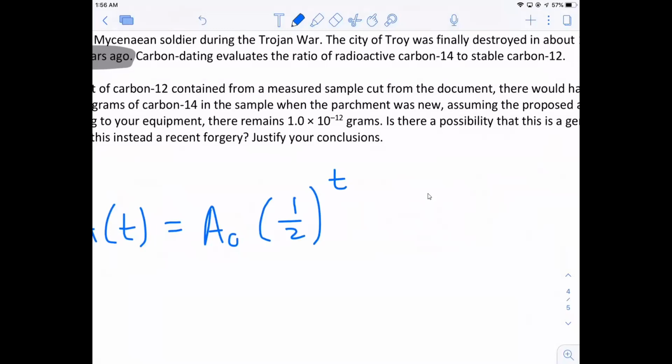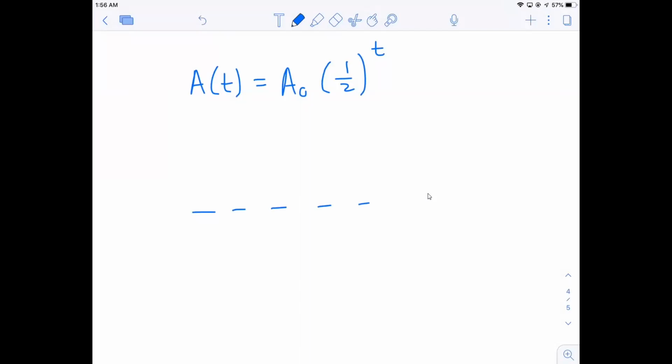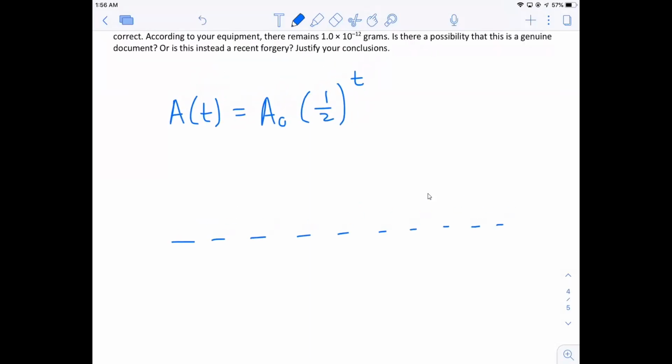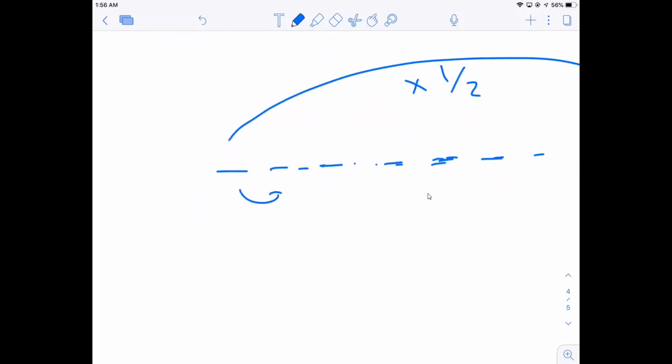if it decayed every year, it would just be 1/2 to the t power, right? But if we do this step thing again, it takes 5,730 steps. So there's going to be a lot of steps for it to go by times a half. So what are we multiplying by each step?